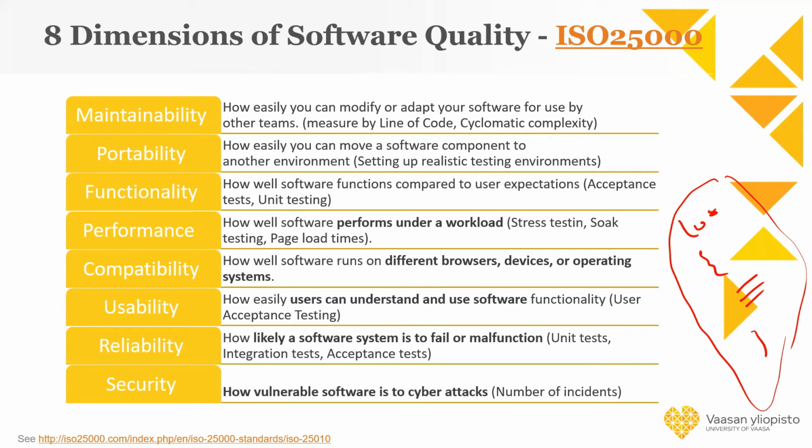Time complexity, which we call big O, or there is another way, cyclomatic complexity. Also, we can measure it by the lines of code, how many lines you have. Of course, if you have 100 lines, it's different than if you have few lines. So this is also a way to measure the maintainability of your code.